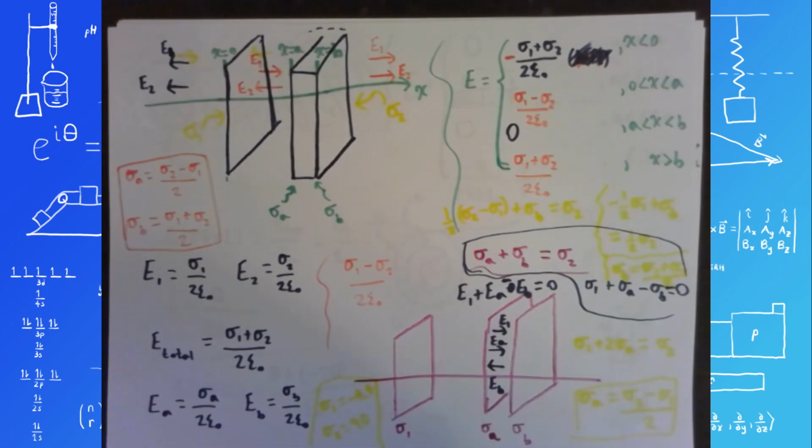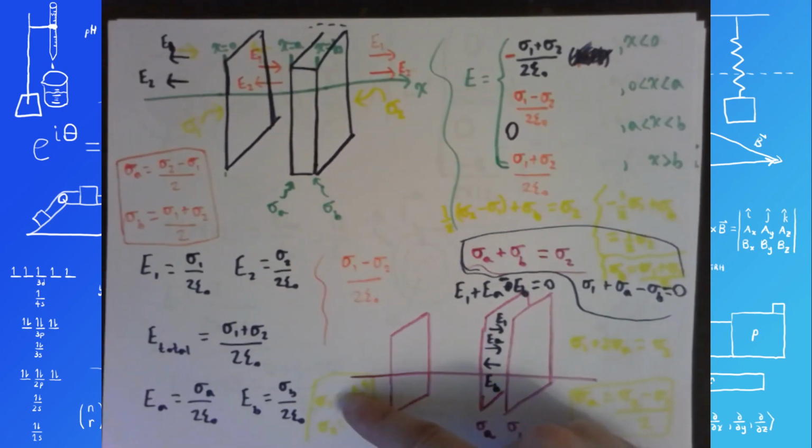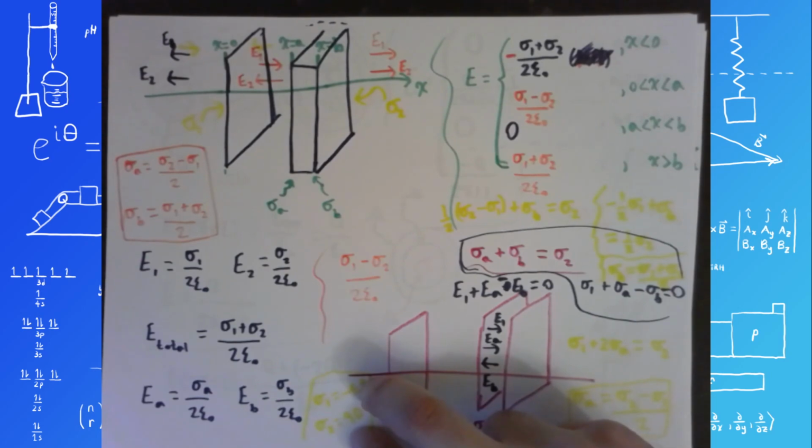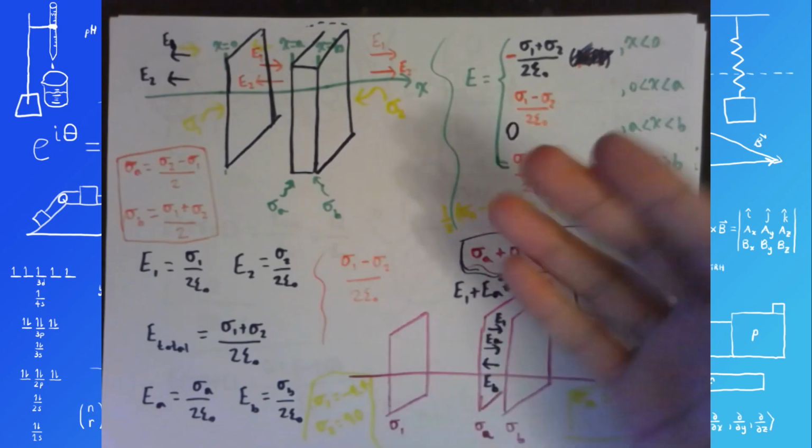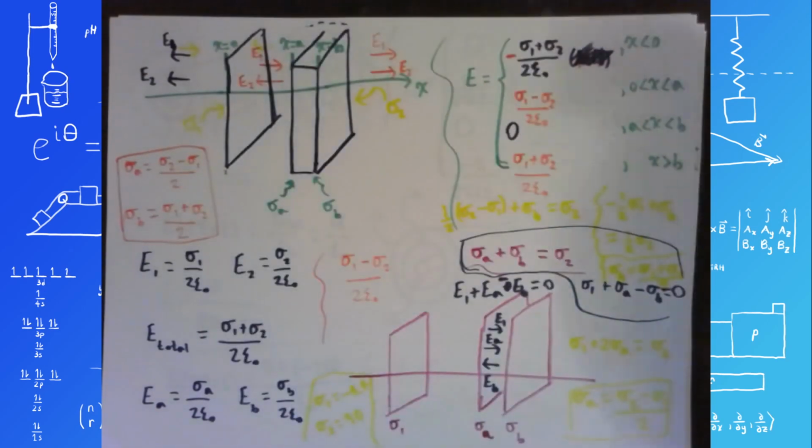I feel like there was something else I wanted to comment on, but I'm drawing a blank right now. My point is, if you know your charge densities in advance, then you can write your electric fields as just magnitudes without having to worry about their signs, and then determine their signs from your drawings.